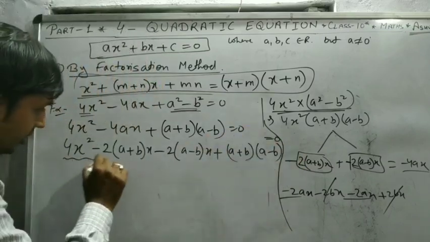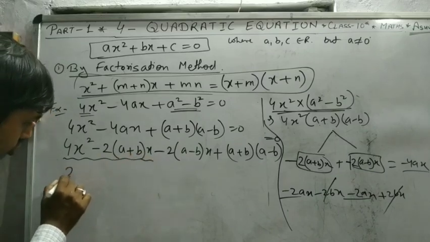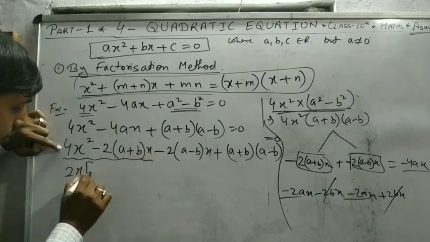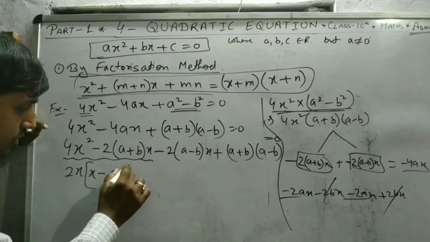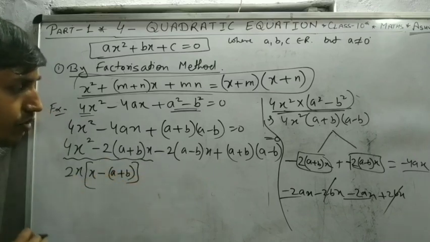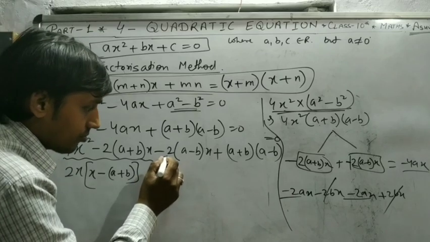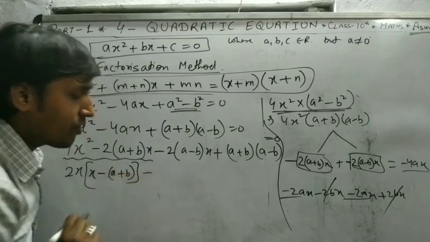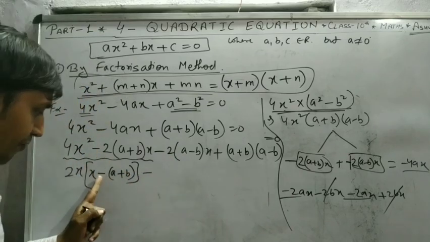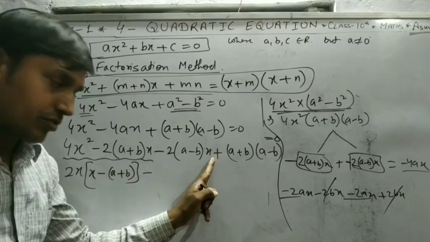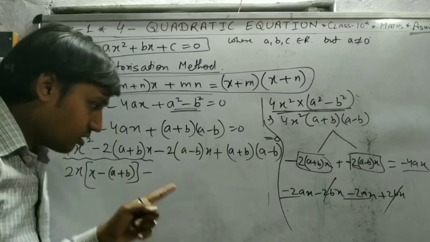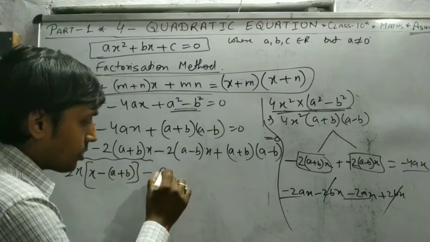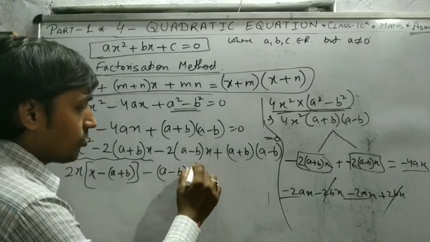So in between these two terms, 2x is common. What remains? x minus a plus b. Here we want to take the minus sign common because we want the negative sign between and here the positive sign. So when you take the minus sign common, the signs are changed, and a minus b is common in both.